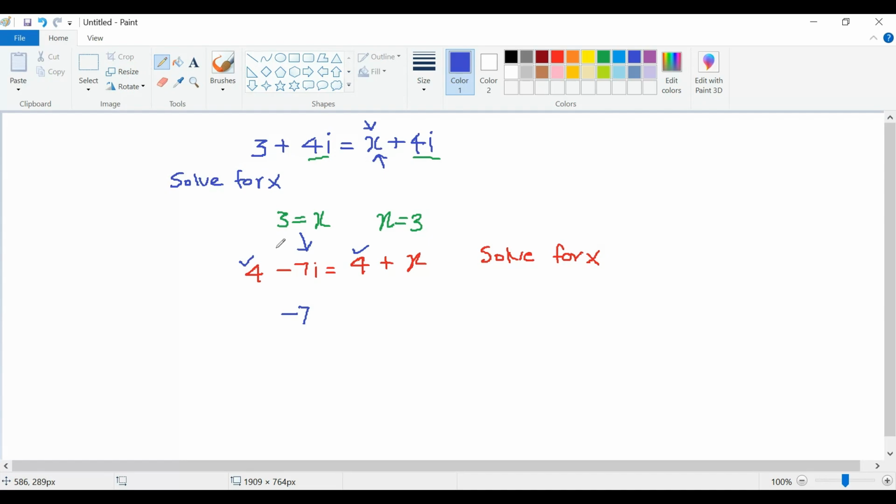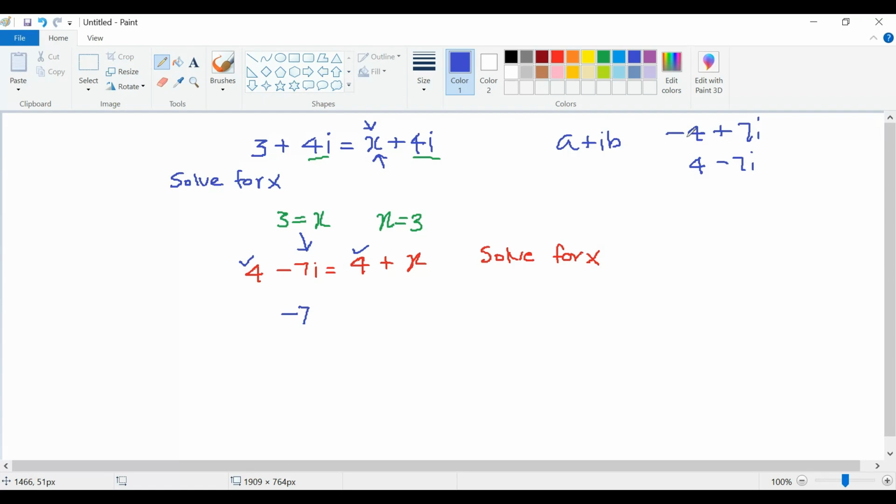Whenever there is a negative sign for the real part or the imaginary part of a complex number, that sign belongs to the real part or the imaginary part. If we have minus 4 plus 7i, or if we have 4 minus 7i, in the standard form of the complex number there is no separate negative sign.